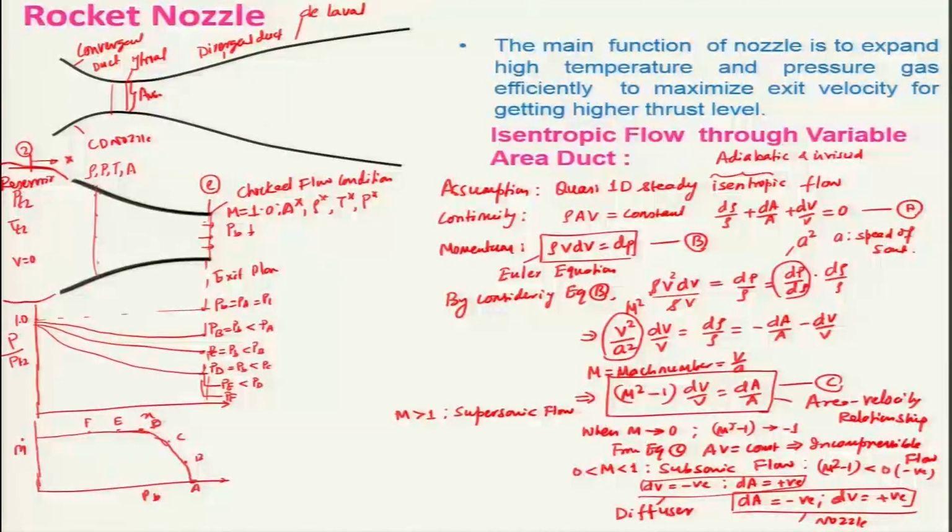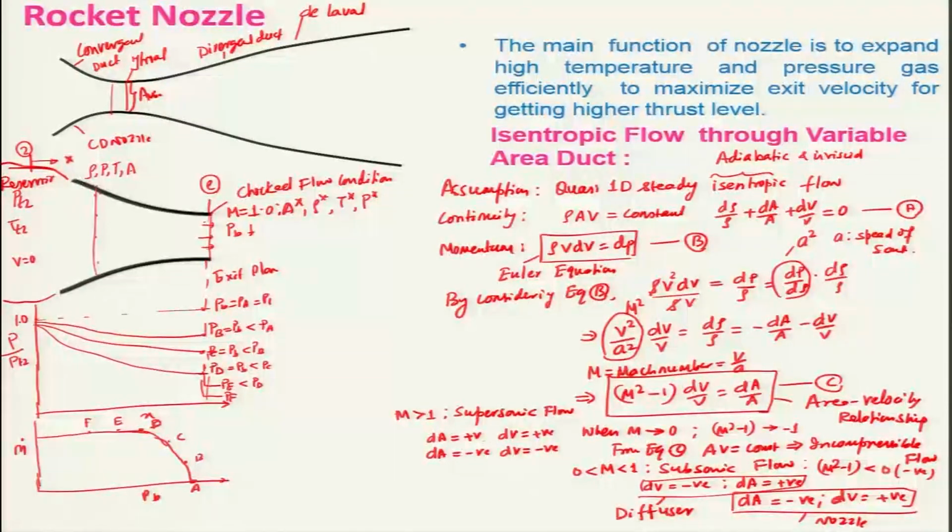That means M square minus 1 will become positive, which says that if dA is positive, that means the area is increasing, dV will also be positive. If dA is negative, dV will be negative.